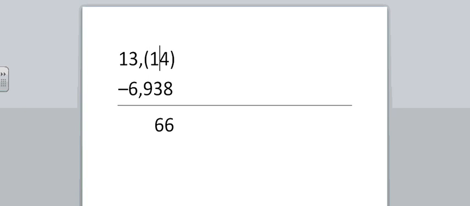This becomes a 14. 14 minus 9 is 5. I'm just erasing this top number as I go because it's just confusing and in my way. Now 13 minus 6 I can actually do. I could just borrow it over, but it would be the same thing. 13 minus 6 becomes 7. So my answer should be 7,566, your answer choice A.